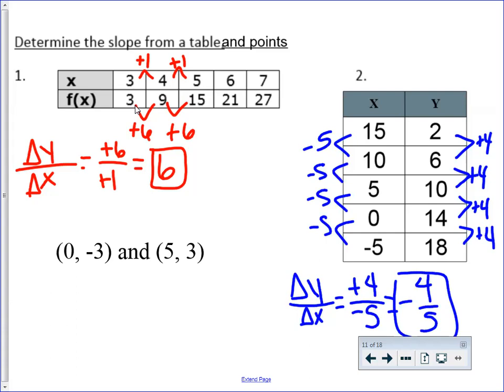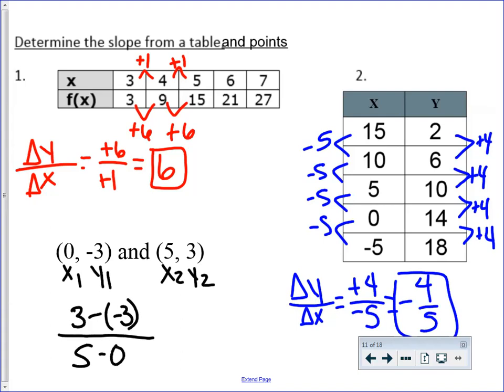Last one, I'm given 2 coordinates. All I need to do is then label them: x1, y1, x2, y2. 3 minus negative 3 over 5 minus 0.